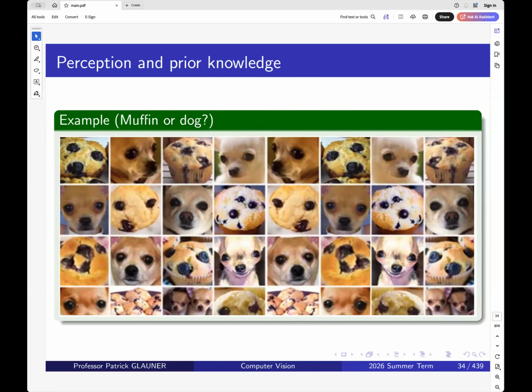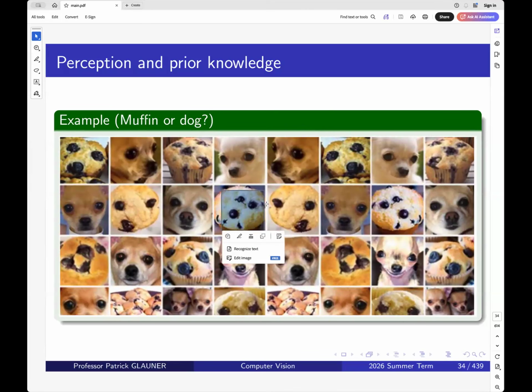And there are other examples of this, like muffin or dog. Has any one of you ever seen such examples of muffin or dog or the cat or the bread? If you have, maybe send me some signal if this is something you have seen before. And here as well, I see lots of support actually.